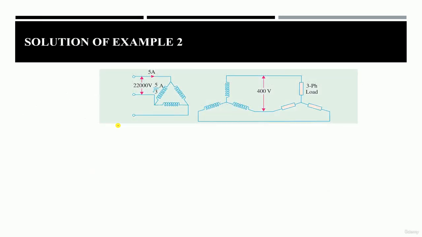So the first part, which is the current: we have the line current equal to 5 ampere on the primary, and the phase current of the primary will be 5 ampere divided by root 3, right? So the phase voltage on the primary side is equal to 22 kilovolt, which is equal to the line to line voltage of the primary. You can see line to line equals the phase voltage.